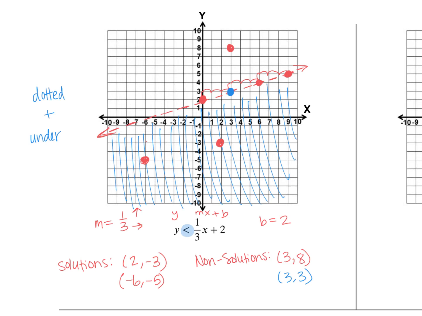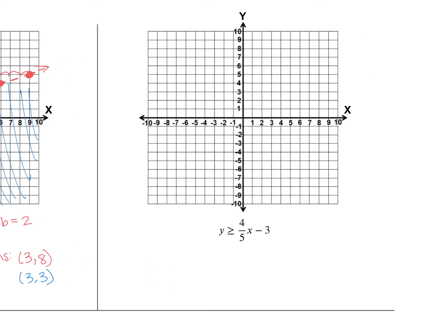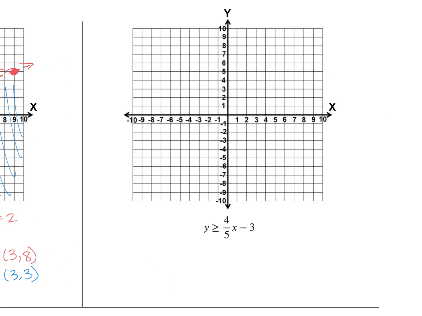All right, let's look at our second example. Okay, we have y is greater than or equal to 4/5 x minus 3. So, first thing we want to do, it's already solved for y. We don't have to do anything with that.